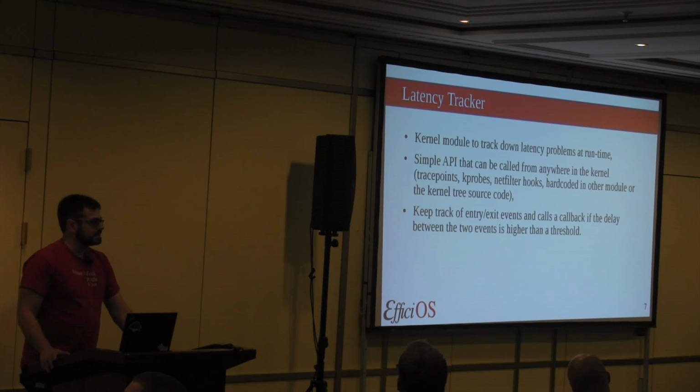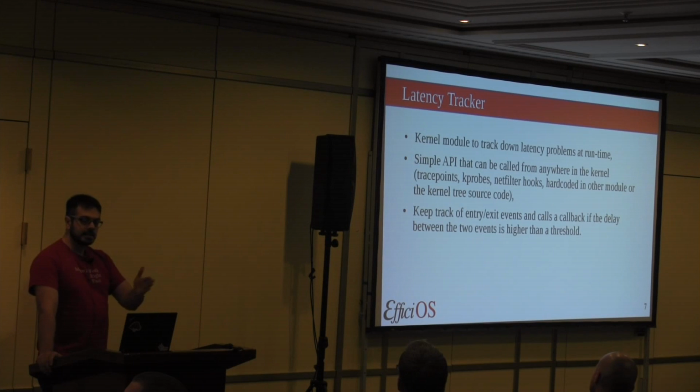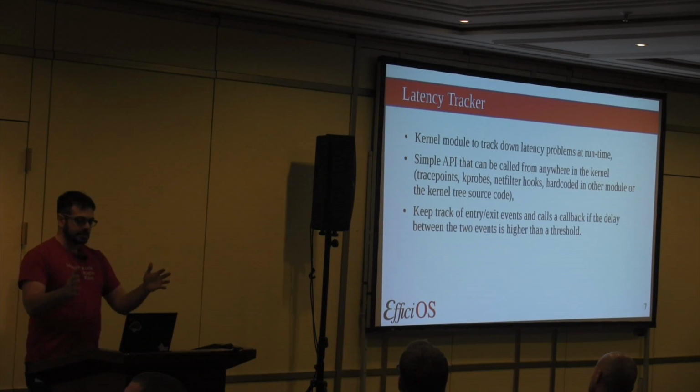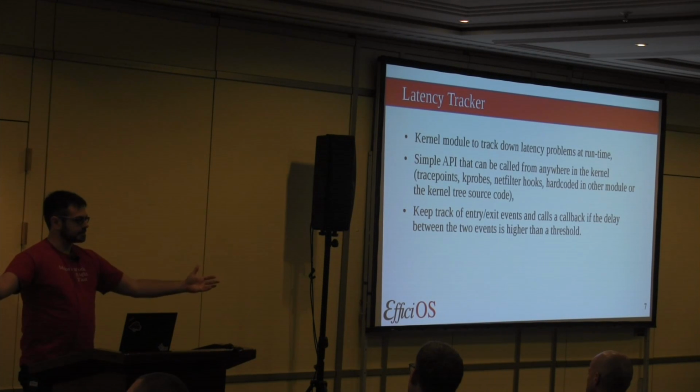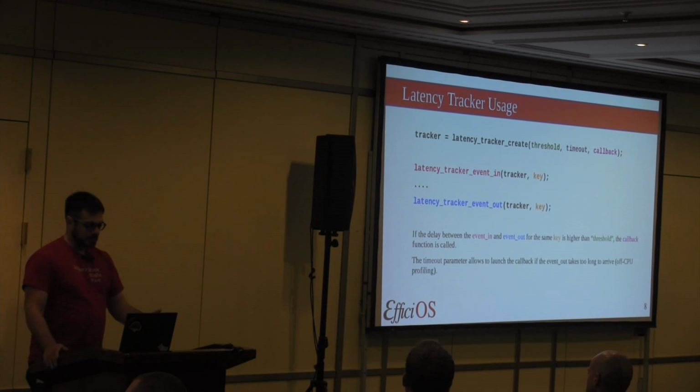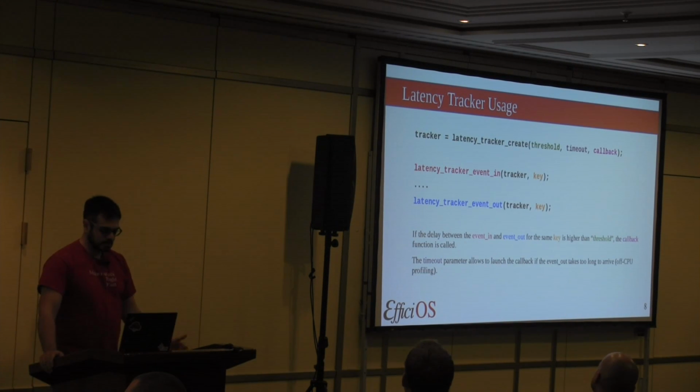What it does basically is keep track of entry and exit events. So let's say you have an IRQ entry and IRQ exit for an IRQ handler. If the delay between the entry and exit goes over a specified threshold, then it's going to call a callback. So the API is as simple as this: you have the event in, event out with a key, and we use that key to match the in and out events.